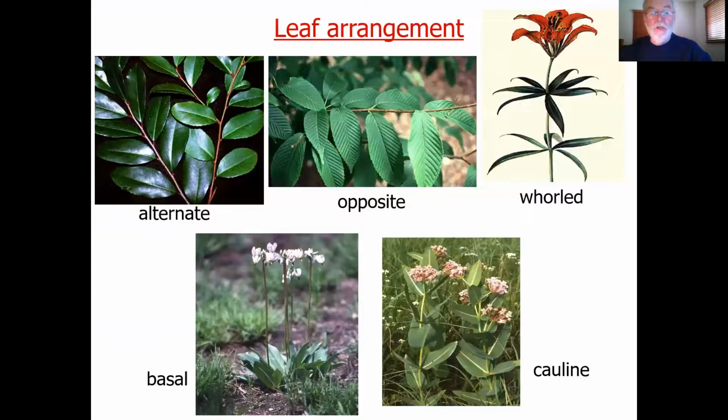Let me show you here. Well, here you have alternate leaves, opposite leaves, whorled leaves in a lily. Here we have basal leaves that form a rosette, and cauline leaves that grow all along an elongated stem.